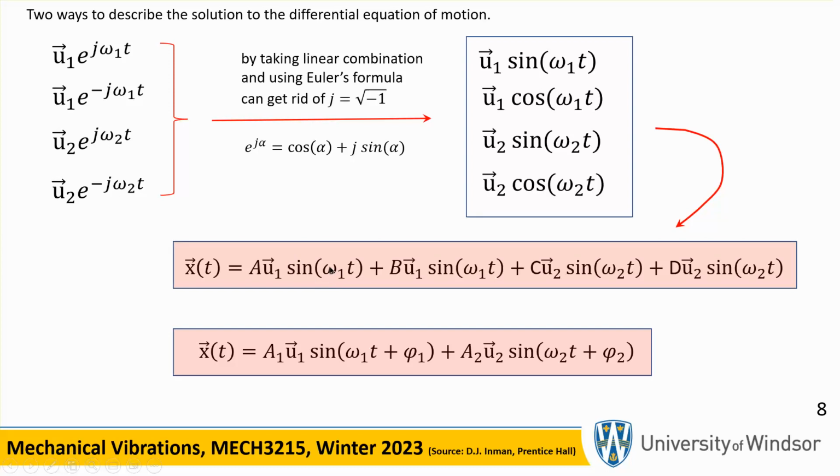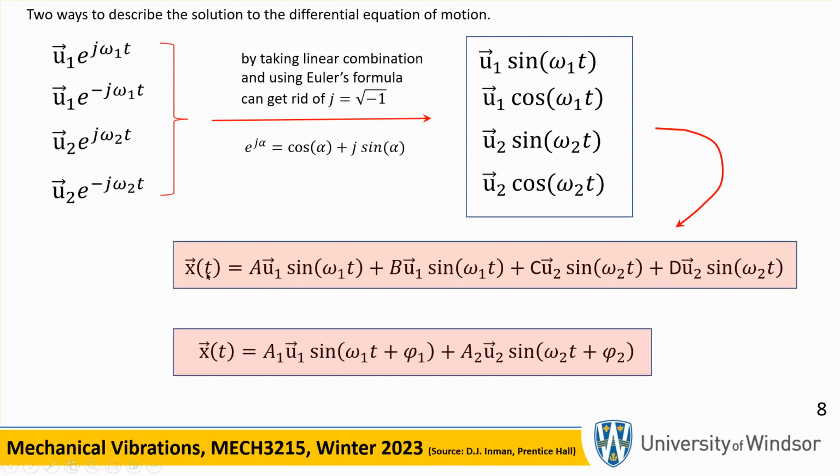You can combine these, multiplied by these constants, so that you have a phase angle and an amplitude. I just want to remind you what this A1 is. A1 is the square root of A squared plus B squared. Same thing with this one. This A2 is the square root of C squared plus D squared.